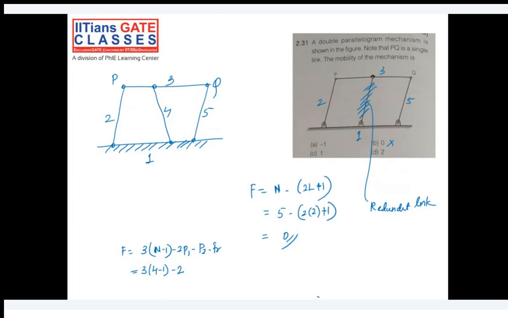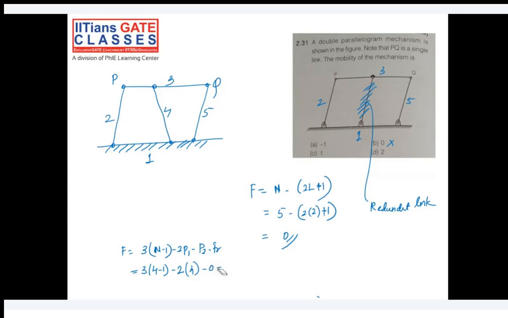How many joints do you have? 1, 2, 3, 4. Minus p2, which is 0, minus the redundant link, or basically you are removing it, no issue.